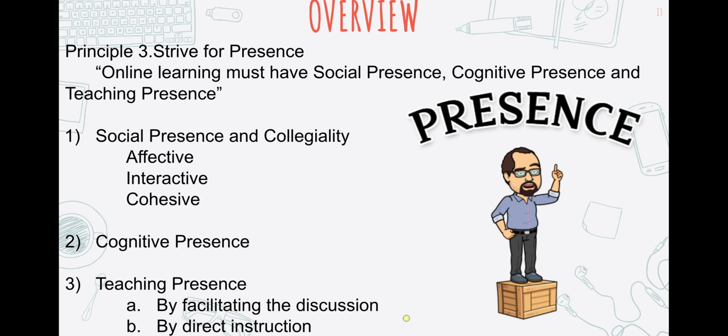Collegiality is basically dealing with how others in a group work together, whether related in the same subject. Cognitive presence, keep in mind, is dealing with the topic itself. And teaching presence is when the teacher facilitates the discussion or gives direct instruction. So, at the end of the day, if all three are working together, you will realize that presence actually makes it thrive in the class and so forth.